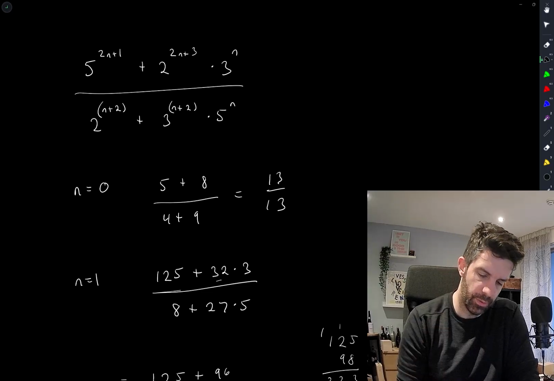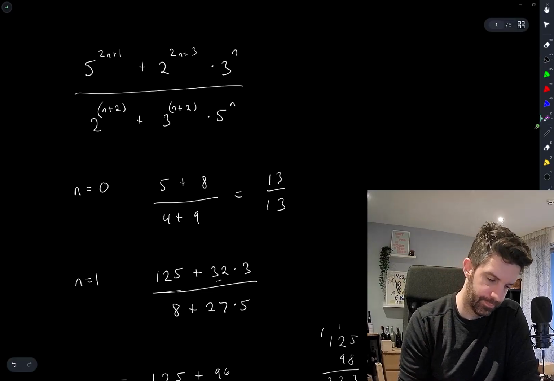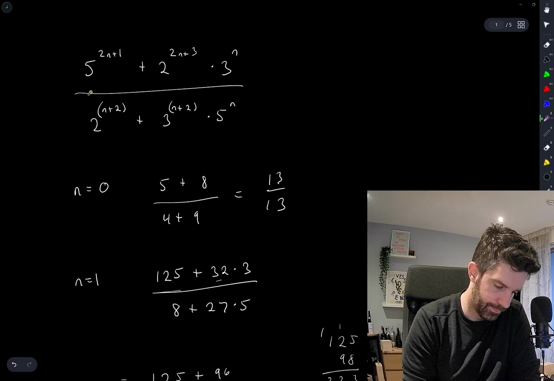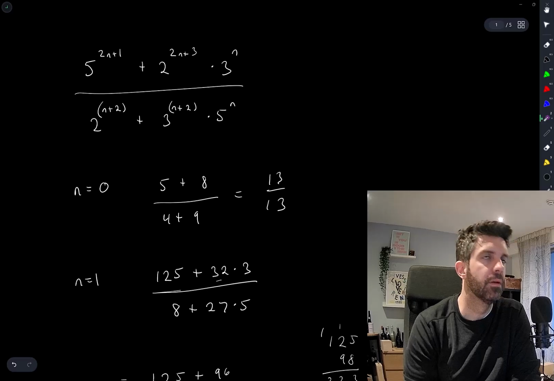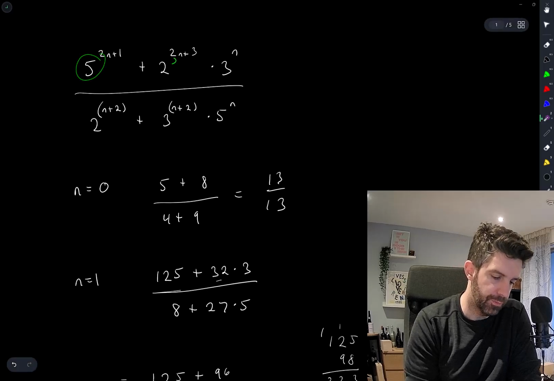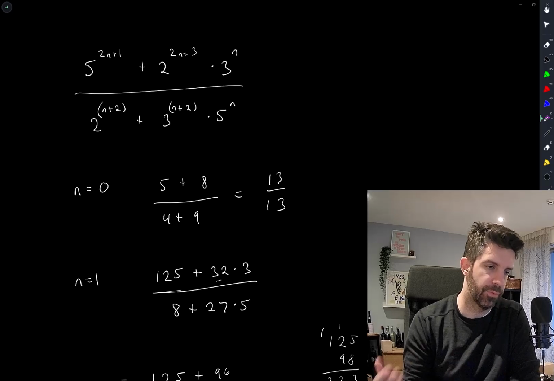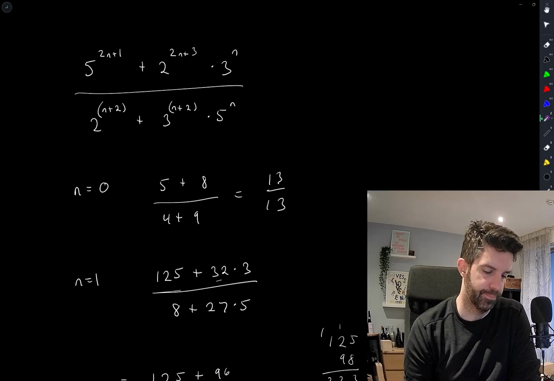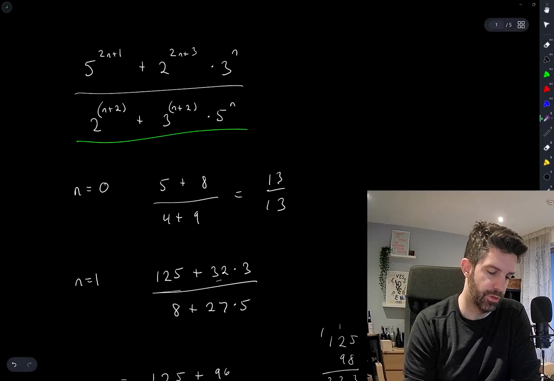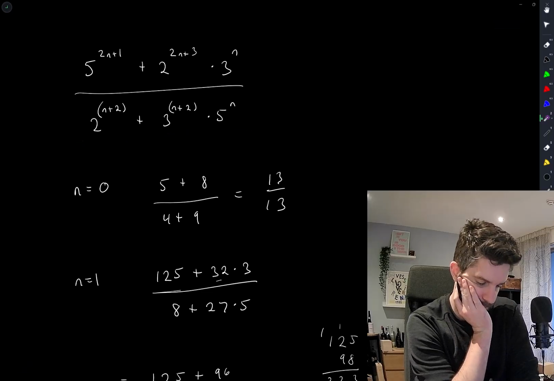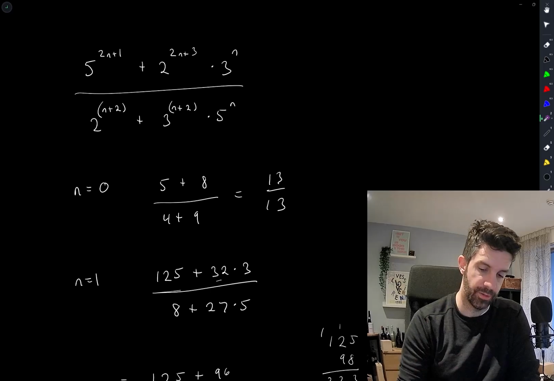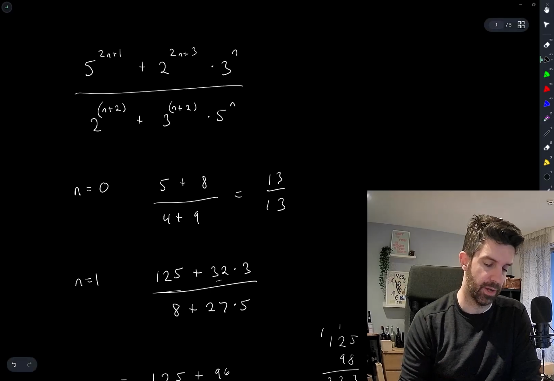You know, I noticed that obviously 5 times 2 plus 3 is 13. So maybe there's a way I can factor this with a 5 times 2 plus 3, and same with the denominator, because I want to write these things as 13 times something.